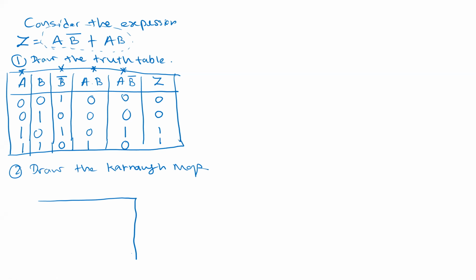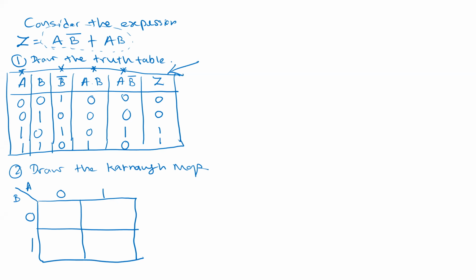Since we have two inputs, we need 4 boxes here. A this side, B this side, 0, 1, 0, 1. Right? So now we are going to mark or enter this output into the Karnaugh Map.